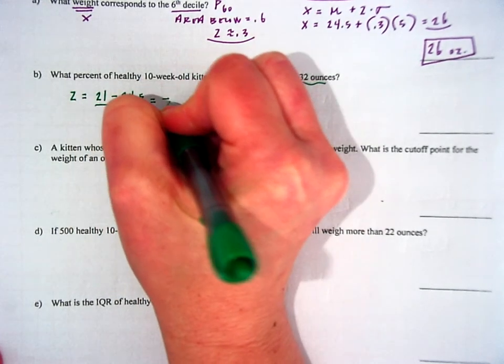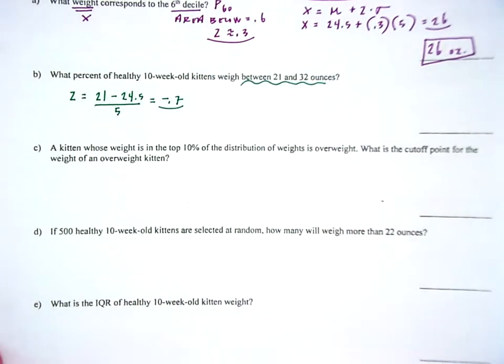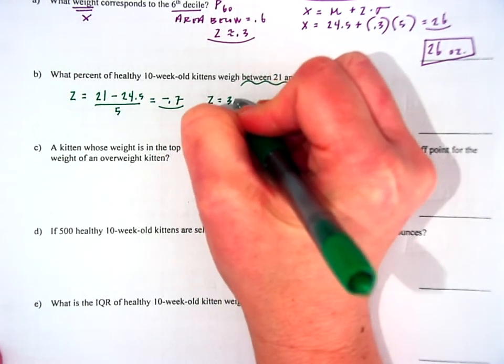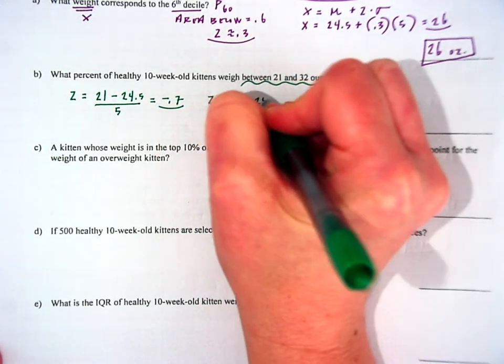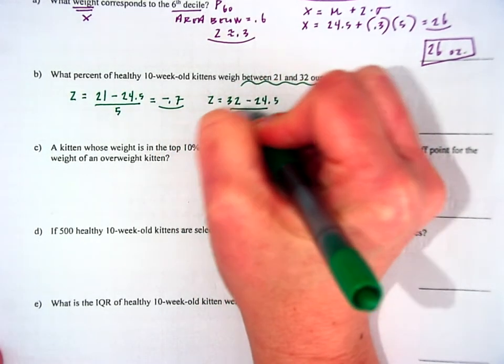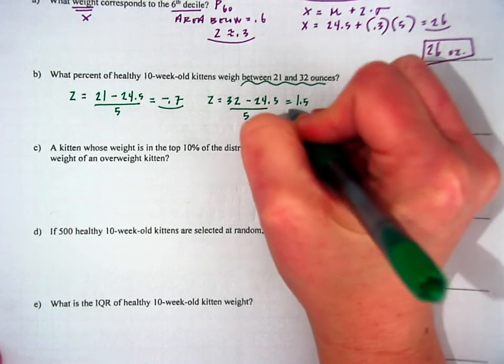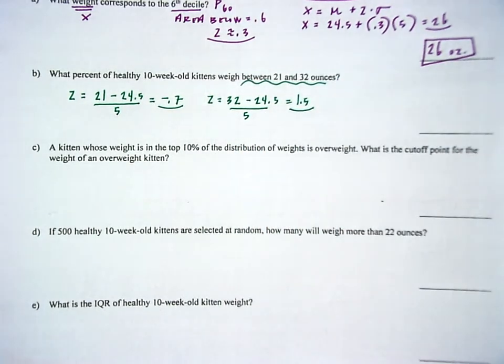And I get a negative 0.7. For the other one, z equals 32 minus 24.5 over 5. Gets me 1.5. So I have the two z-scores, and now I need to go to my chart.